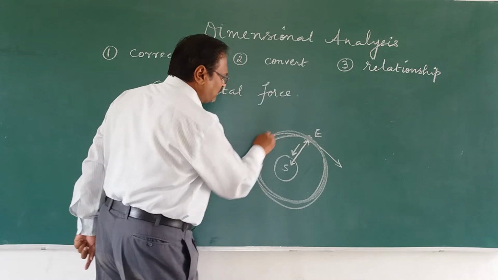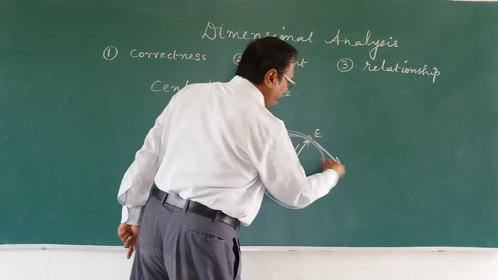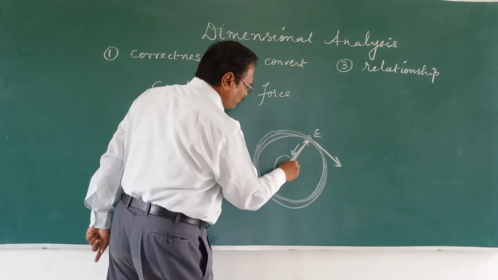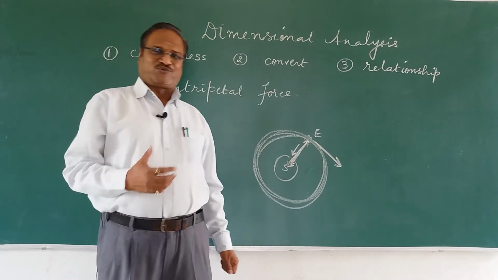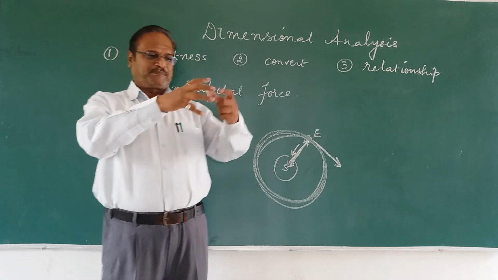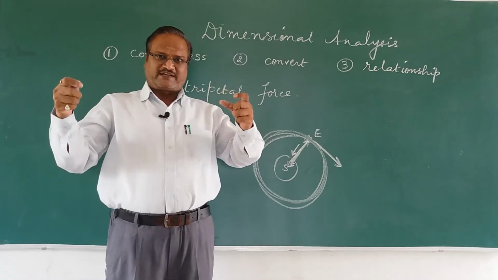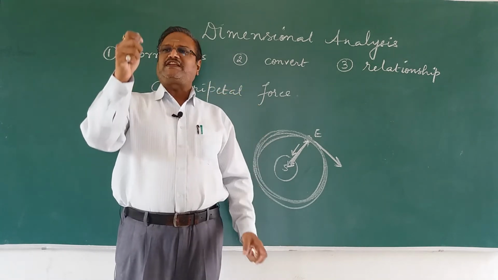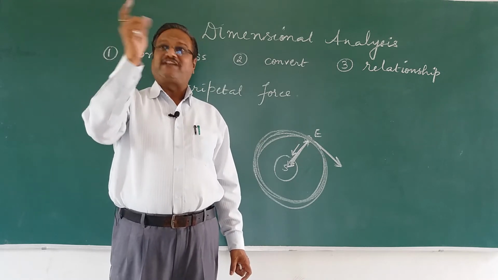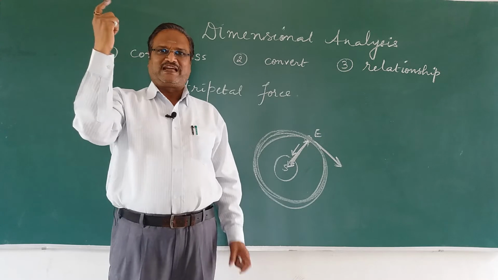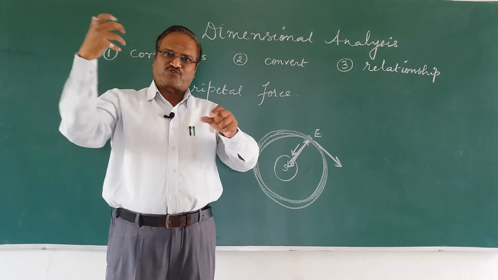When a body is in circular motion, what will happen? Towards the center, a force is acting, and that force is called centripetal force. If I take, for example, a stone, tie it to a rope and whirl it, it will move in a circular path, and my hand can feel the force acting.